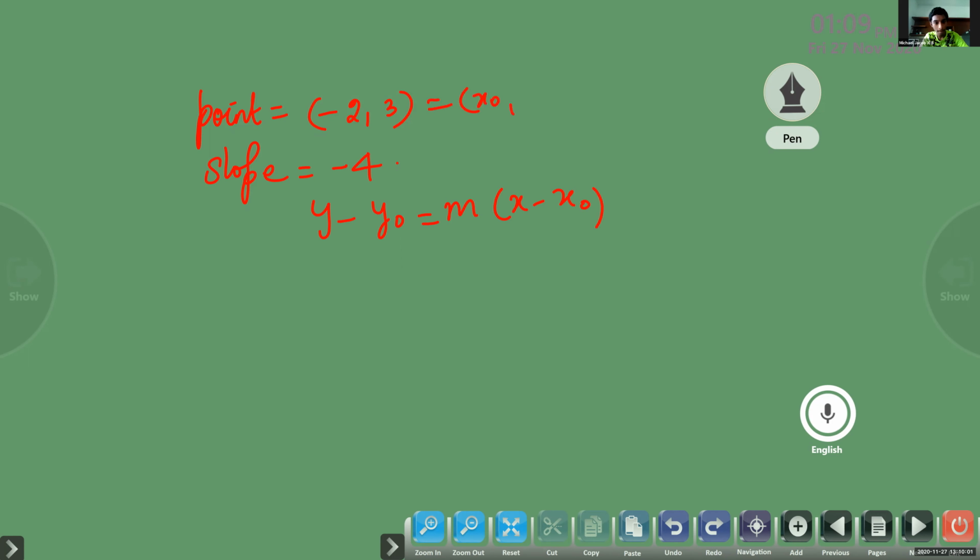If you take the point as x0, y0, it is y minus y0 is equal to m into x minus x0. Substitute the values given. Y minus 3 is -4 into x minus of minus 2, it will become x plus 2. Simplify and find out the equation.